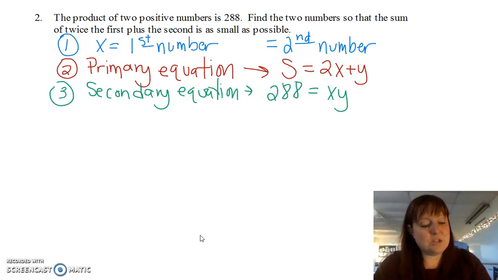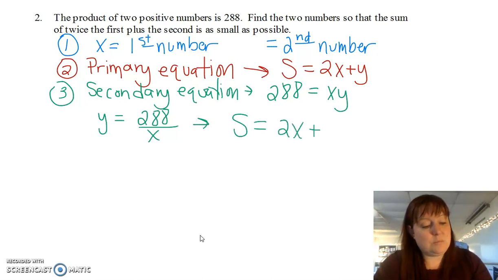In this case, I think we're going to do y by itself because it's easier, then we don't have to multiply by 2. So we have y equals 288 divided by x. Then we plug that into our primary equation for y. So S equals 2x plus 288 over x.